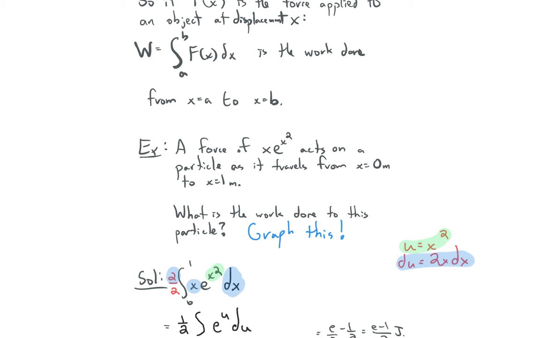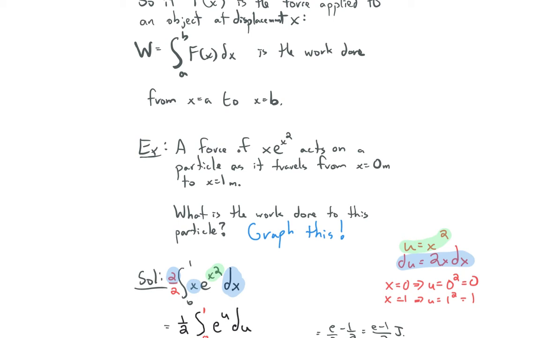When x equals 0, u equals 0 squared, which is still 0. So our lower bound for integration is 0. And when x equals 1, similarly, u equals 1 squared, which is 1. So we're going to integrate over 0 to 1, just like up here.